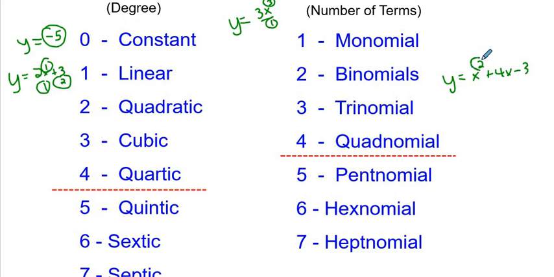This would be called a quadratic, and then 1, 2, 3. The technical name for the chapter that we learned previously, this would be called a quadratic trinomial, as opposed to last chapter if we had something like this, this would be a quadratic binomial.